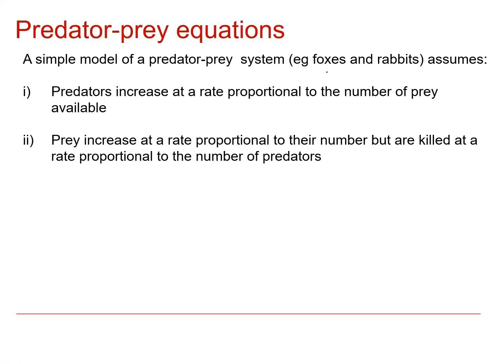So if x is the number of foxes and y is the number of rabbits, then we would have dx by dt, the rate of increase of predators, equal to alpha y, where alpha is some constant.